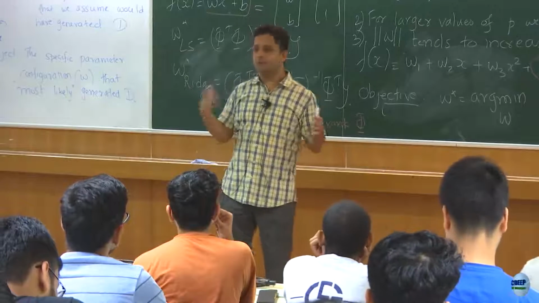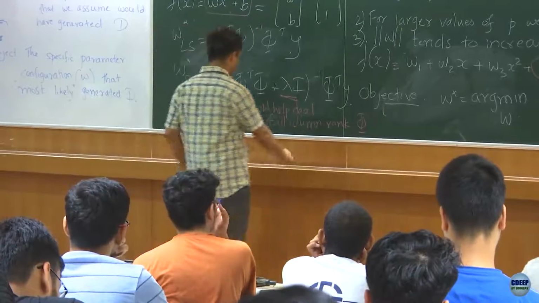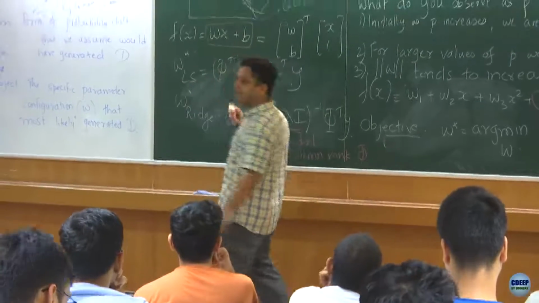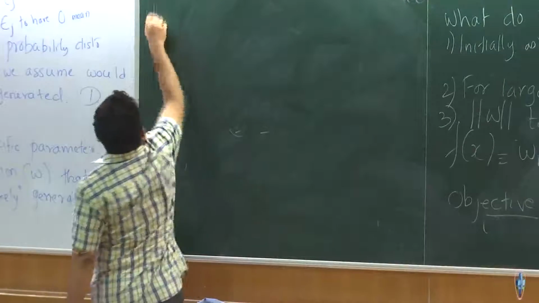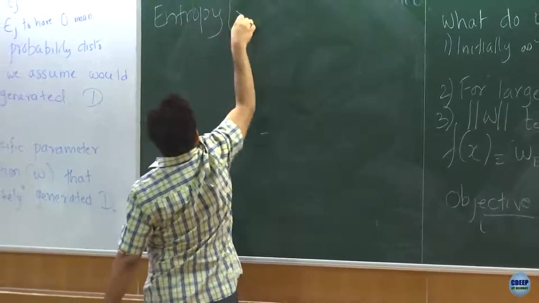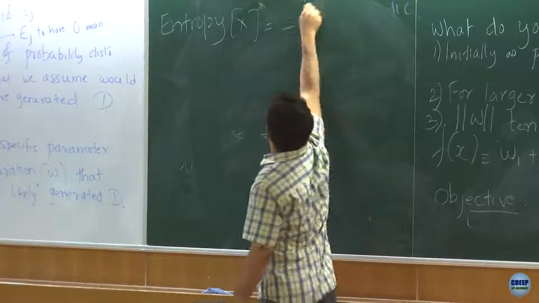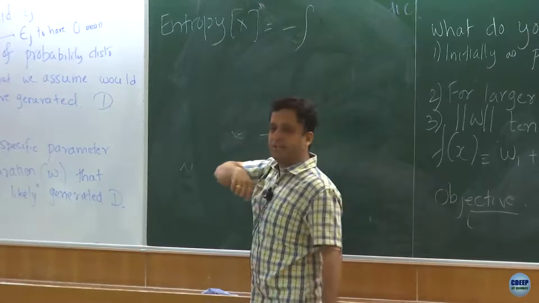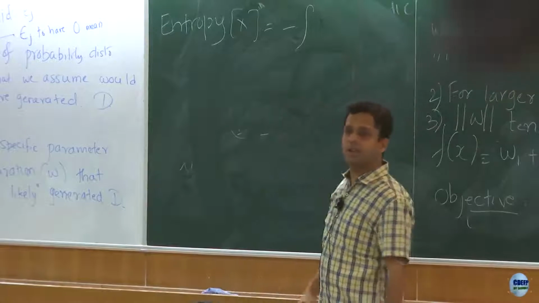Okay, you've come across entropy. What is the entropy of a random variable with a particular distribution? Put an integral. I am assuming it's a continuous random variable.